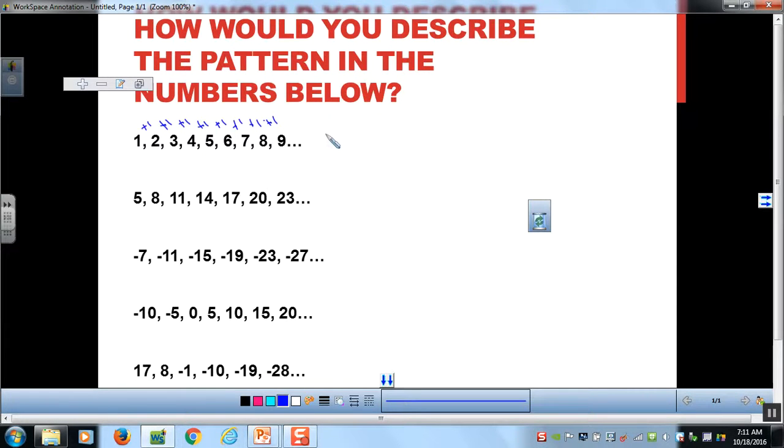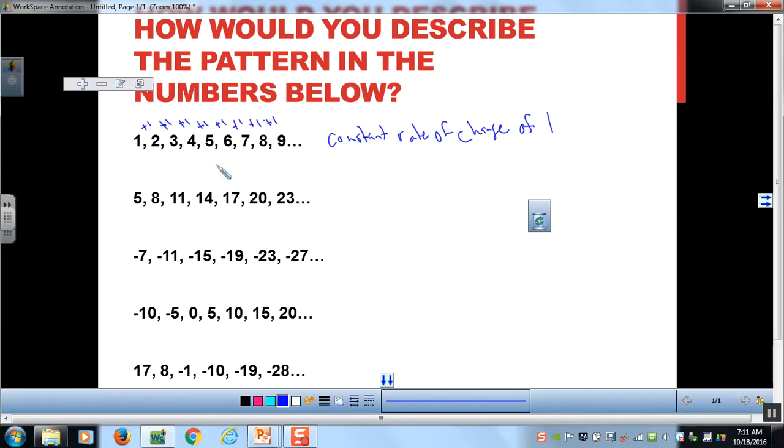All right, so we would say that our sequence has a constant rate of change, and that would be of 1. So what we're saying is that to get to the next term, I'm always adding 1. Add 1, add 1, add 1, add 1, add 1.